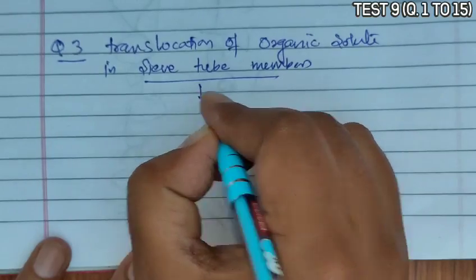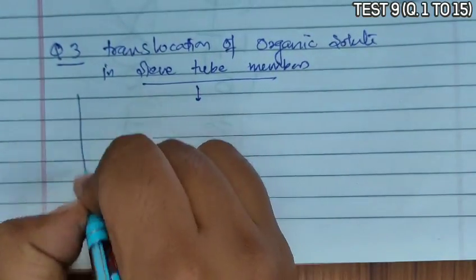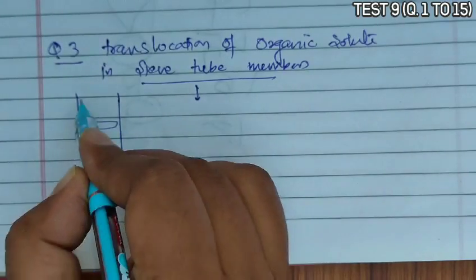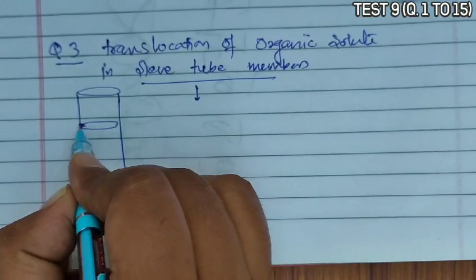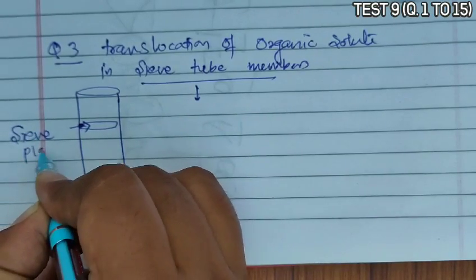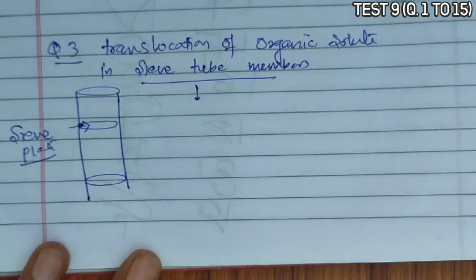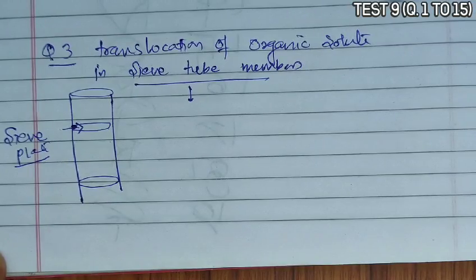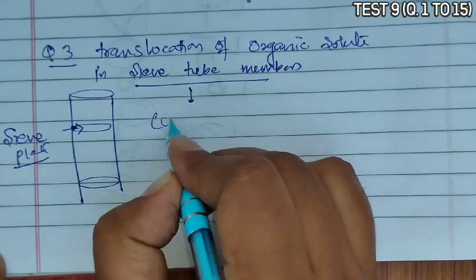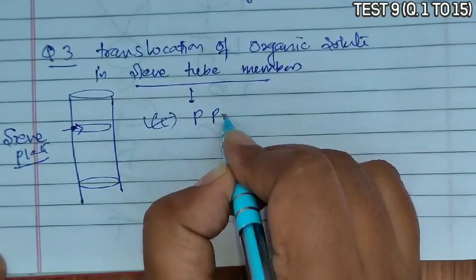So if we talk about a sieve tube, sieve tube elements are there, and these sieve tube elements are guarded by a sieve plate. Now this translocation of organic solute is supported by P-protein.